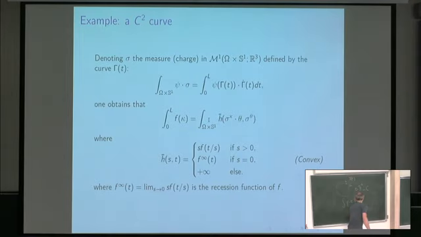So this is phi of gamma of t, gamma dot of t dt, from 0 to 1 or 0 to L or whatever. So this object defines a measure on the space where the curve is defined. Phi here is a vector field. And this measure is the tangent times the length measure on the curve.